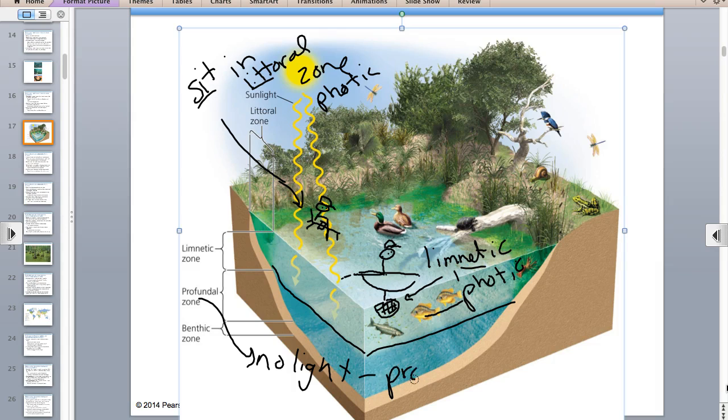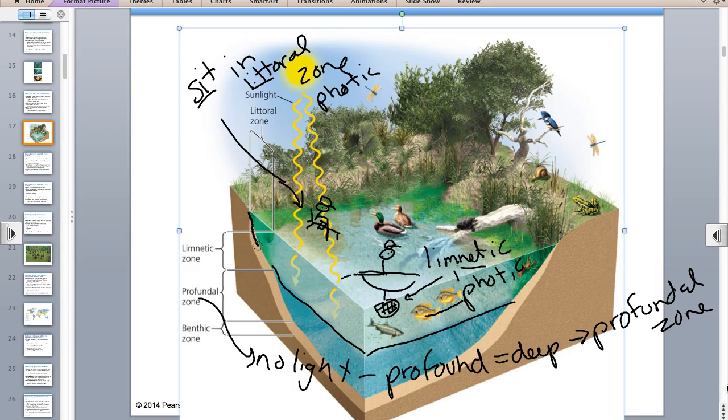So profound equals deep, and so we're in the profundal zone.